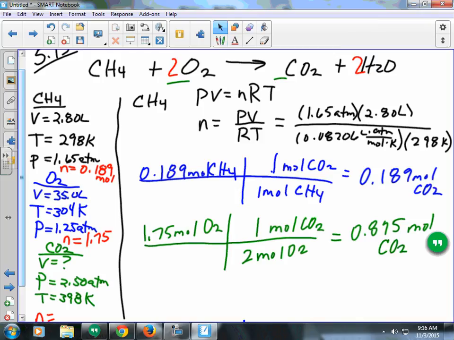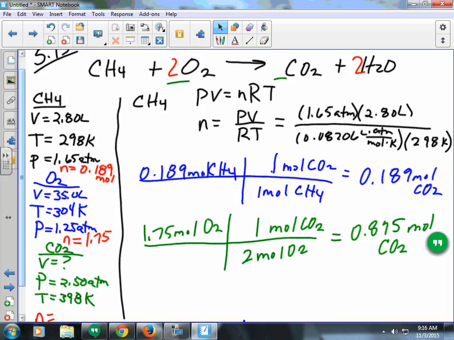Okay, do you see what we did? You take each reactant and figure out how many moles of the product it would form if you had plenty of everything else. If we had plenty of everything else, 0.189 moles of methane would form 0.189 moles of CO2.